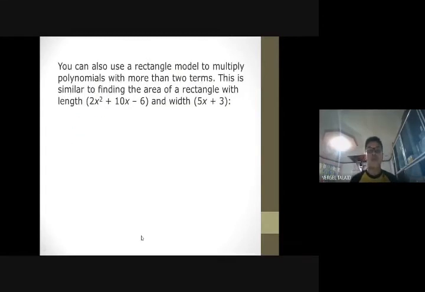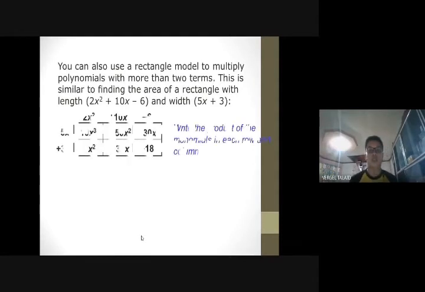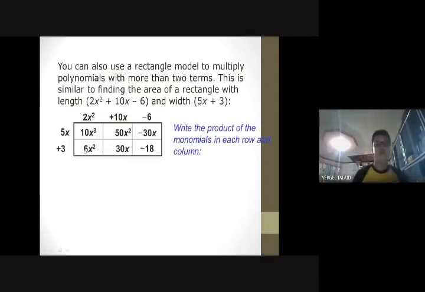Now you can also solve using a rectangular model. So what is our rectangular model? We write our multiplier here, 5x plus 3, then the multiplicand 2x squared plus 10x minus 6. So we have a table that is 2 by 3, with 2 rows and 3 columns.